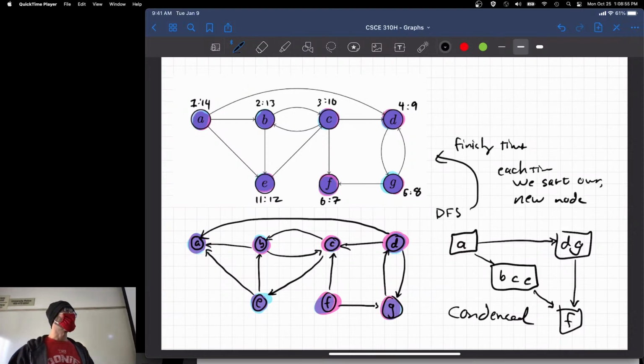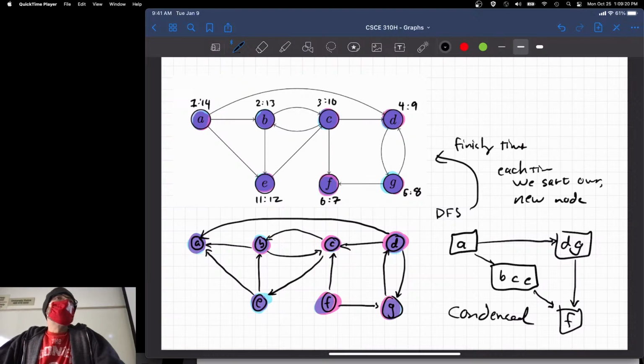Are you looking at the original graph? Yes, because that's what you want to preserve. You want to preserve the connectivity of the strongly connected components of the original graph. Tell me about this graph, by the way. Do you see any cycles in it? Nope. Why not?